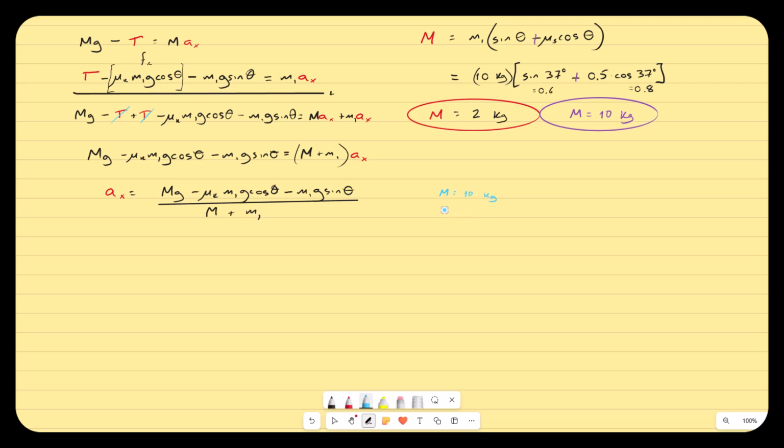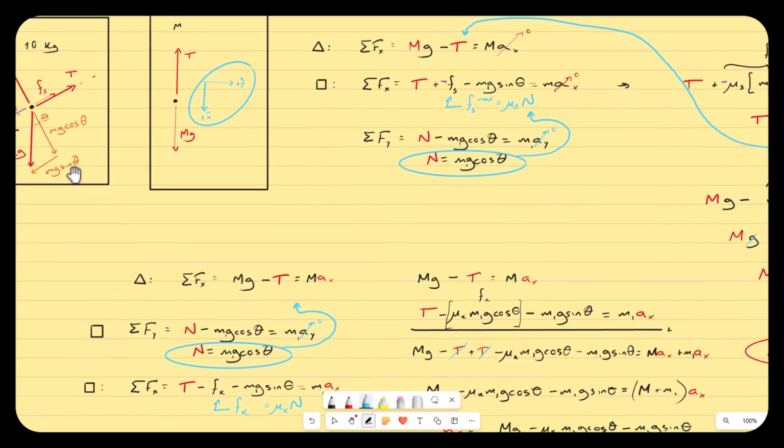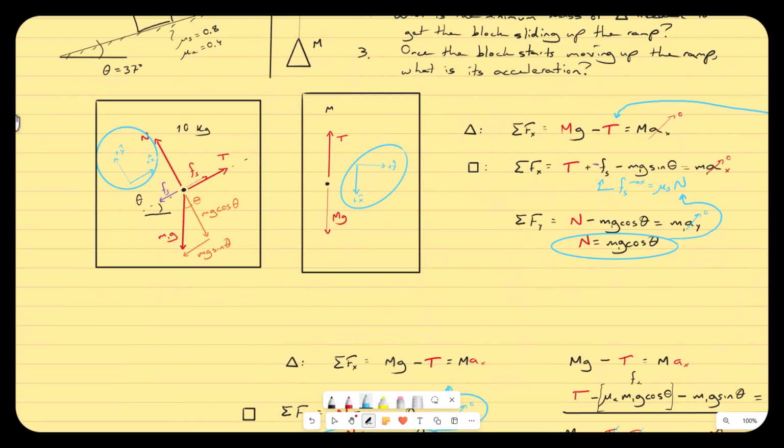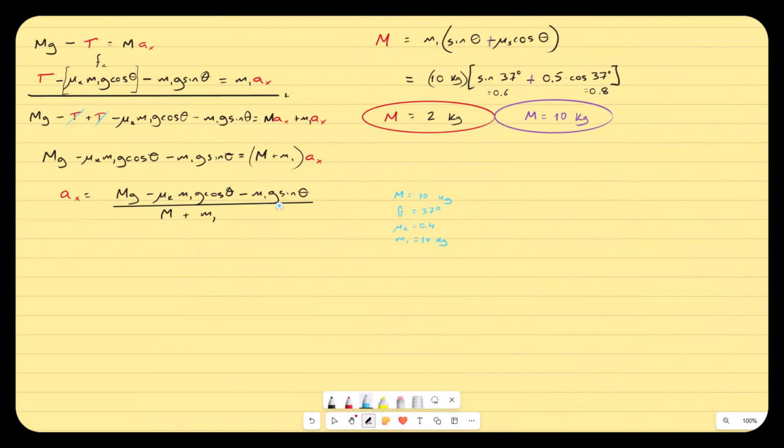That's 10 kilograms. My angle is 37 degrees. My coefficient of kinetic friction was 0.4, and my mass 1 is up here somewhere. 10 kilograms. So now I can plug in.